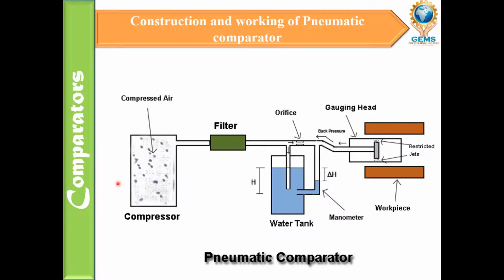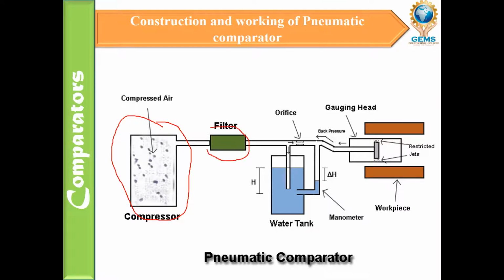So this is a pneumatic comparator. If you see, this is the compressor, filter, orifice, gauging head. This is the compressor. This is the filter.